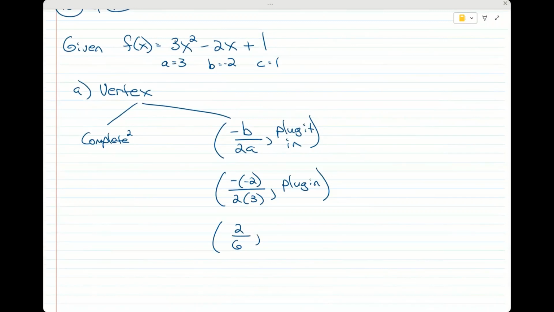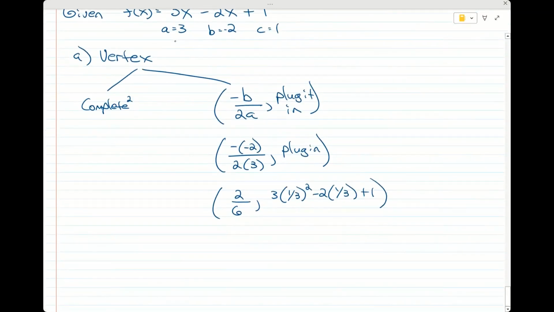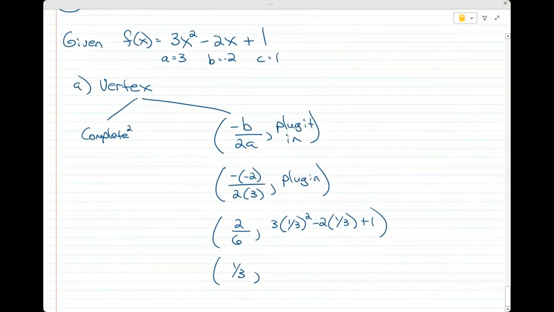So the way that we find the y value is we just plug 1/3 in for all the x's. And let's see what we get. I'm getting 2/3 as the y value. So that would be the vertex.